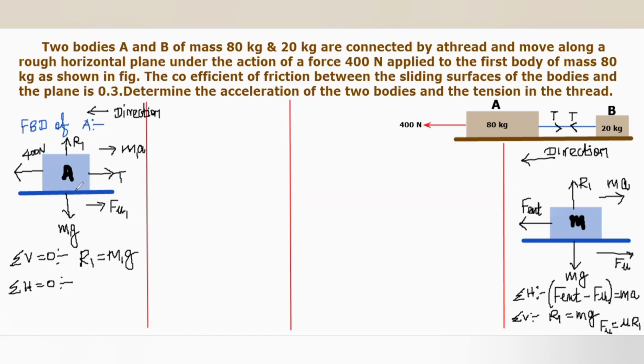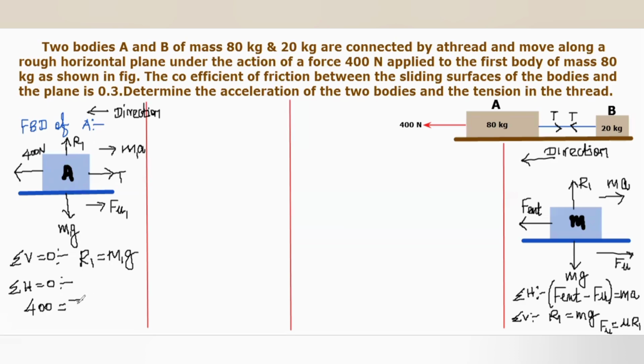Frictional force between the object A and the rough horizontal plane, that is also acting towards the right side. So we can write 400 Newton, the left side force, equal to the addition of all the right side forces.